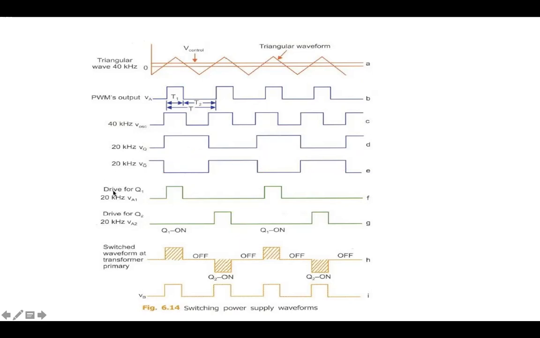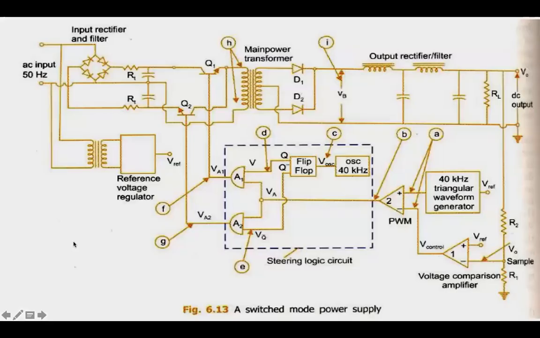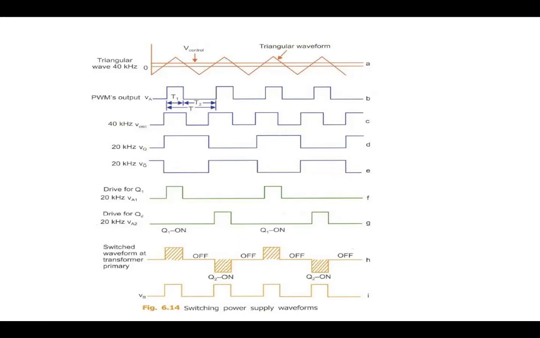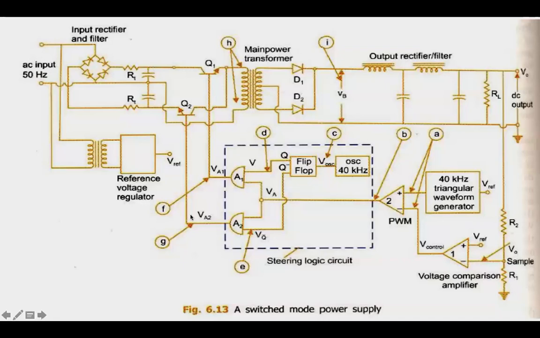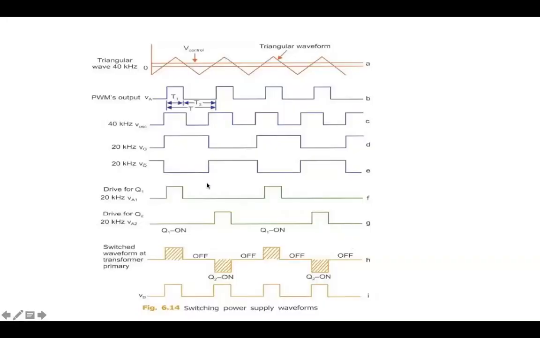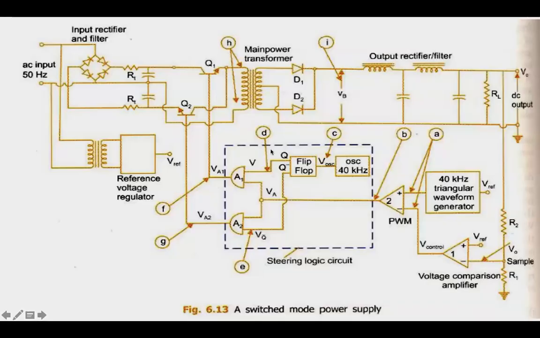And then similarly, you are able to see the drive for Q1, which is referred to with F. So this is the drive for Q1, and this is the output of the AND gate. So what are the signals which are multiplied?